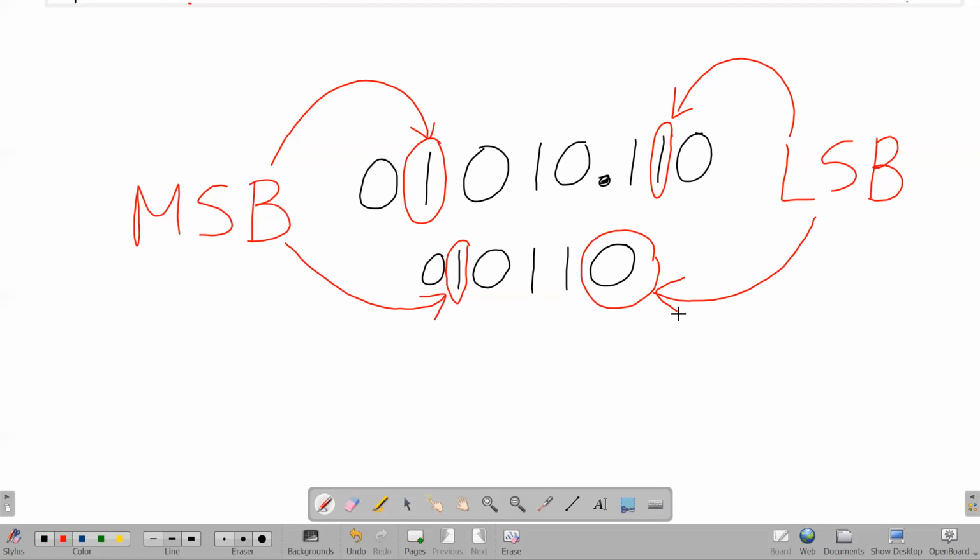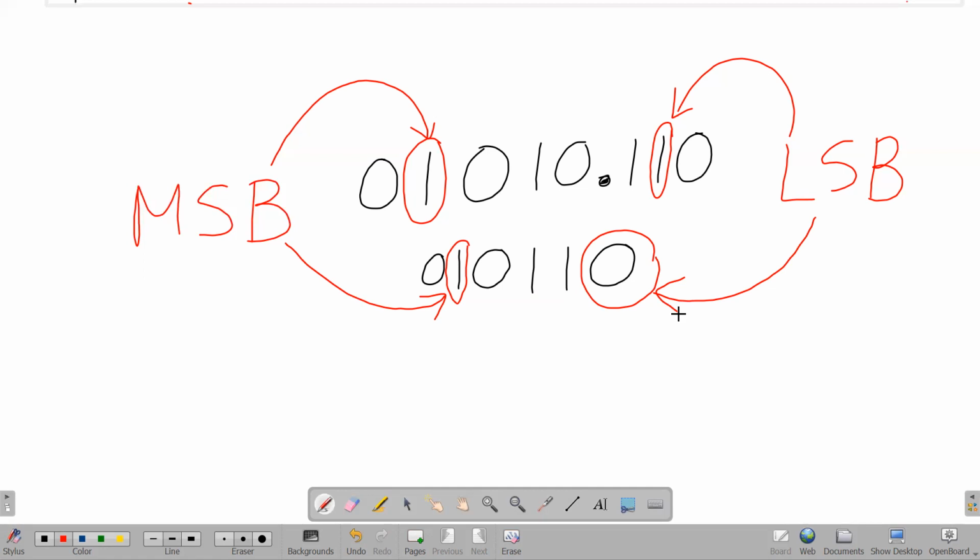The only thing you need to understand is that the terms MSB and LSB are there only for the binary number system because it is dealing with ones and zeros.